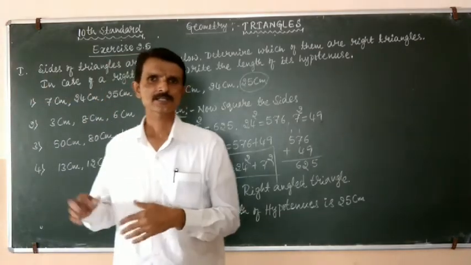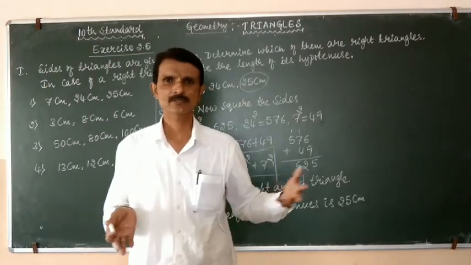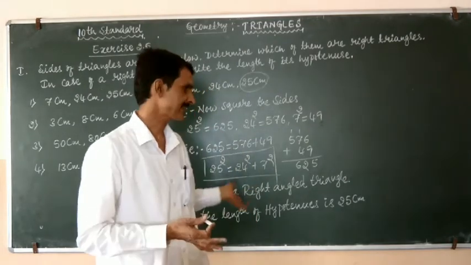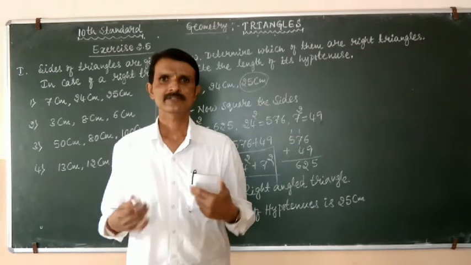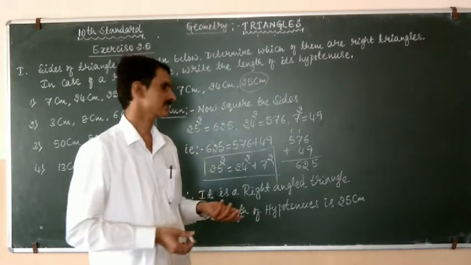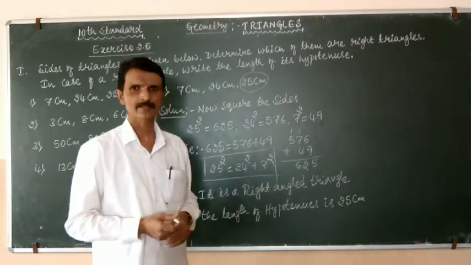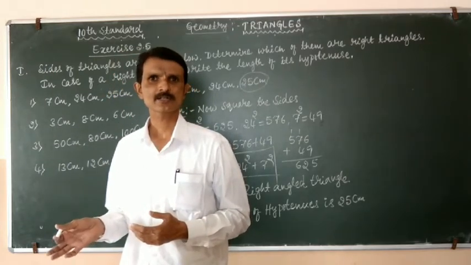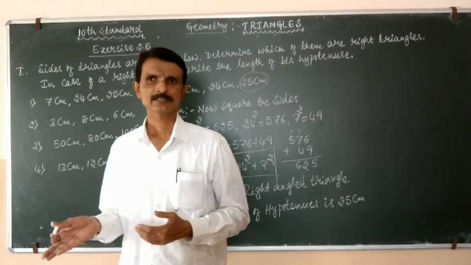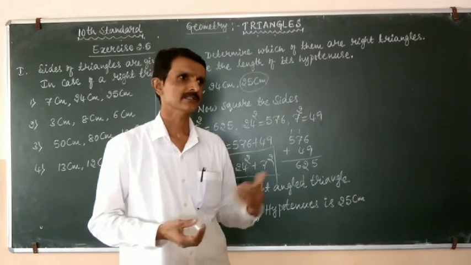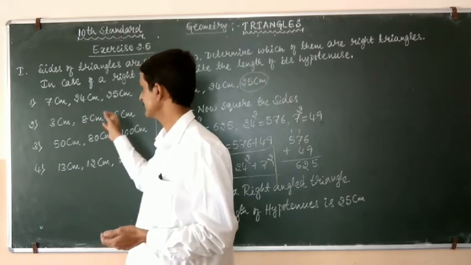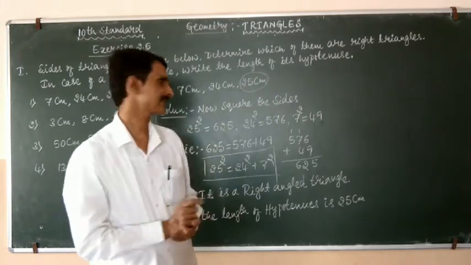If the sum of the squares of the other two sides is equal to the square of the largest side, then it is a right angle triangle, and the largest side is the length of the hypotenuse. Otherwise, if the square of the largest side is not equal to the sum of the squares of the other two sides, then it is not a right angle triangle.